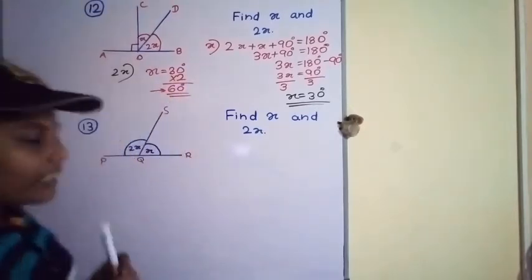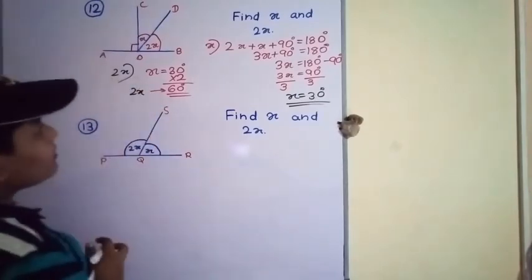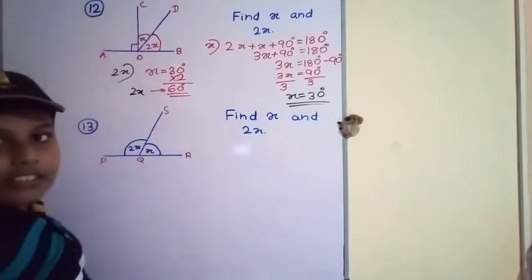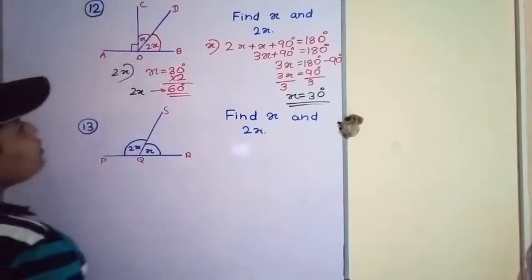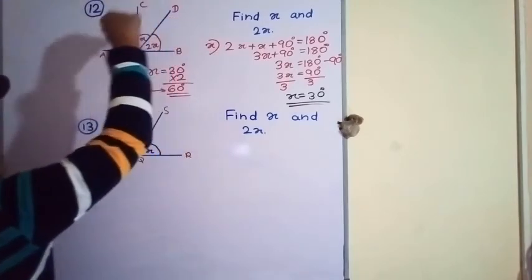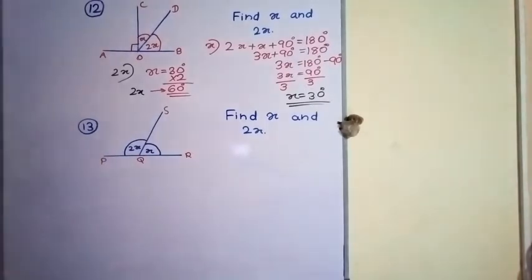What is the 60 degrees? It is 2x. What is the 90 degrees? This is a right angle, so that is 90 degrees. Now 2x, 60, plus 30 means 90, and 90 plus 90 is 180. Correct. That is the 12th question.